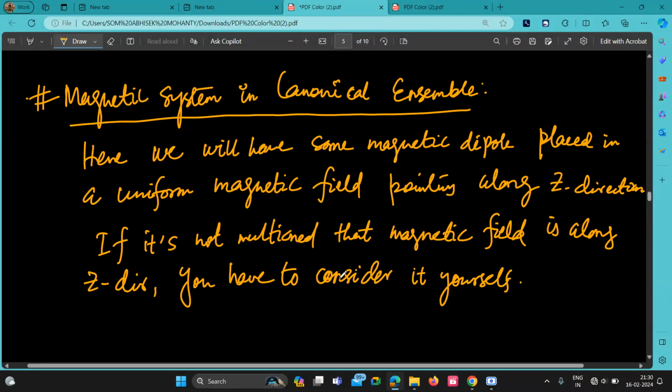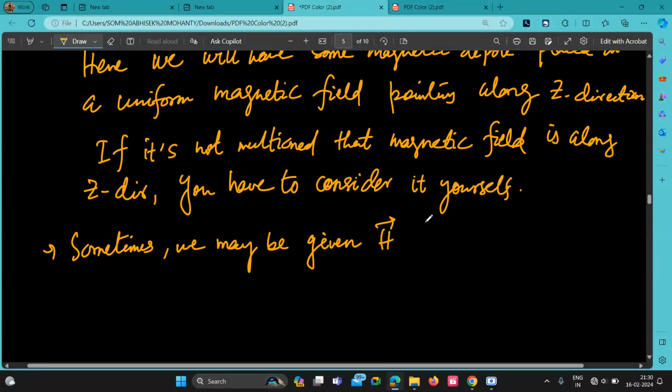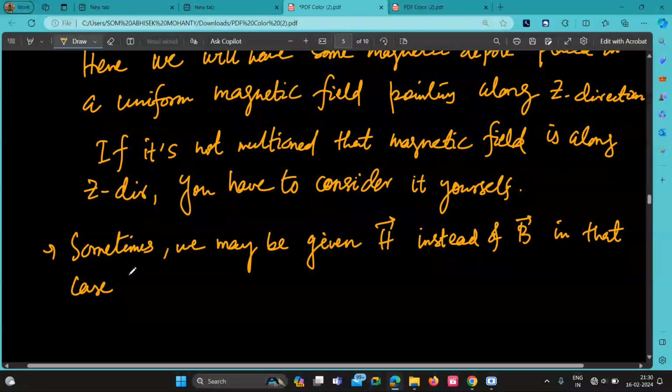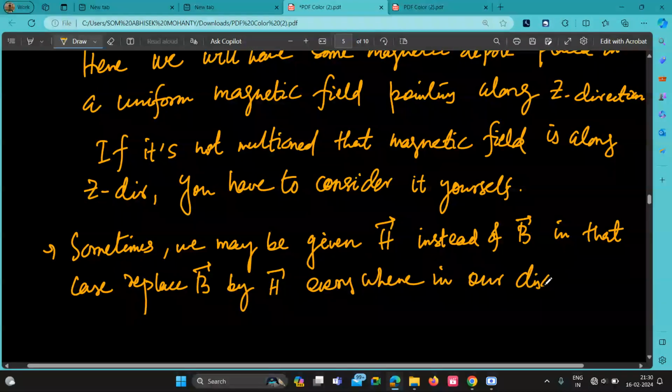It is always along z direction. Sometimes H will be given instead of B. So replace B everywhere by H. Okay, simple point.